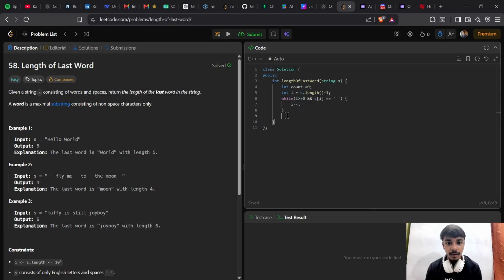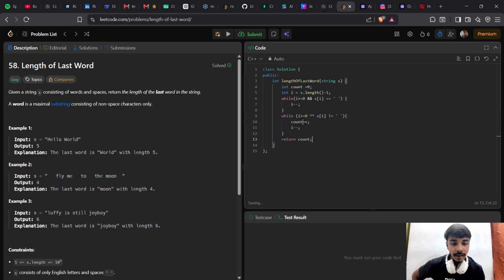Okay, so next loop, count the last word while i is greater than or equal to 0 and s of i is not equal to space, then count plus plus and i minus minus, and return count.